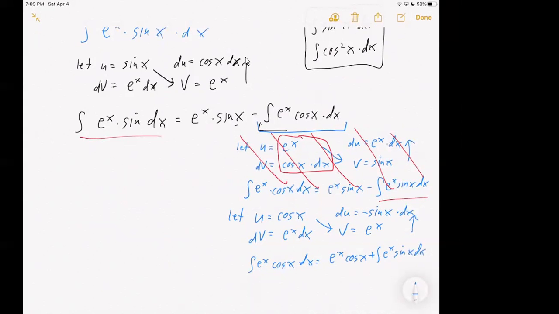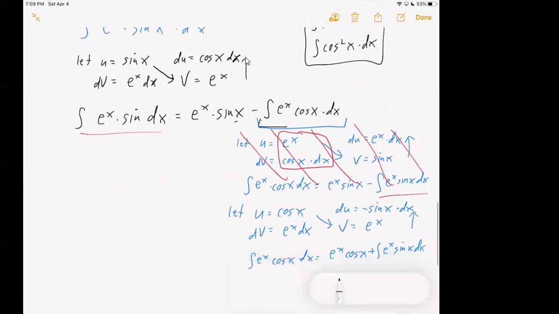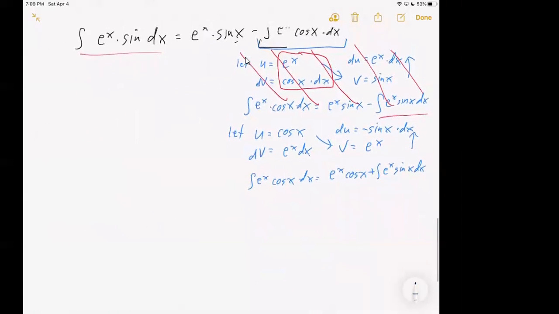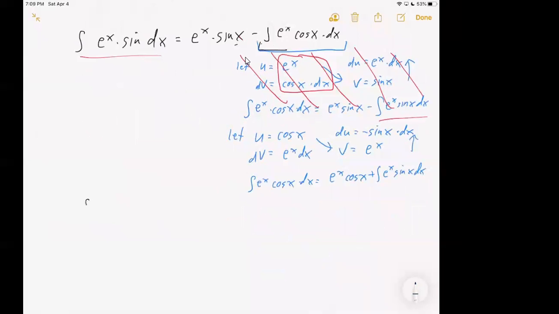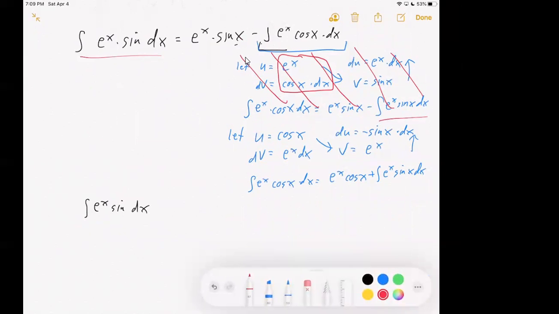All right. Now, when I put everything back in, we're going to see something very nice happen. We're going to get a doubling effect. So over here on the left, we had e to the x. It looks like we just ran in a circle, but we didn't. Okay, it looks like at the end of all of this, I ended up with the original integral here.